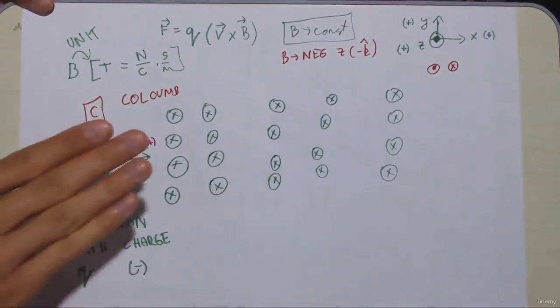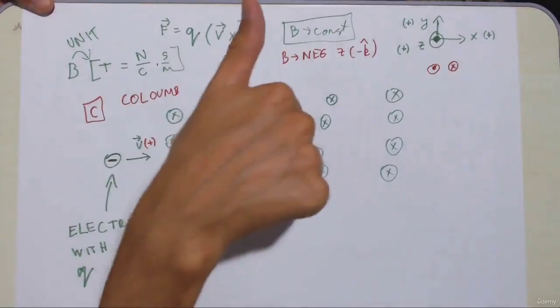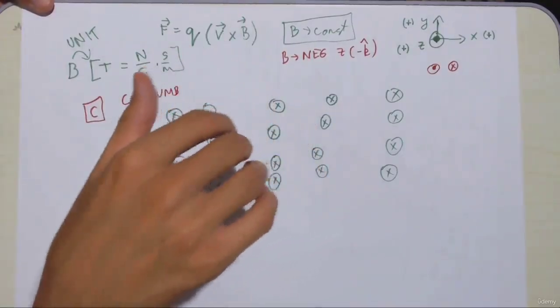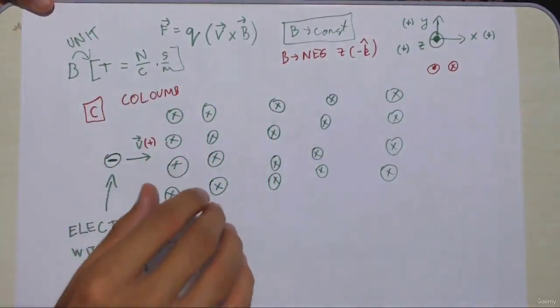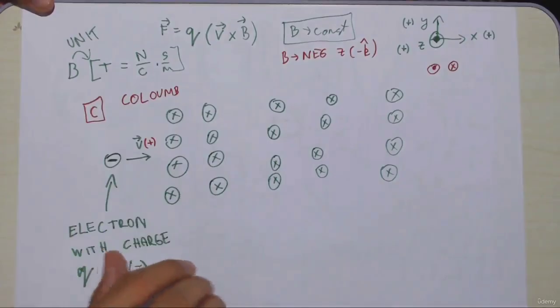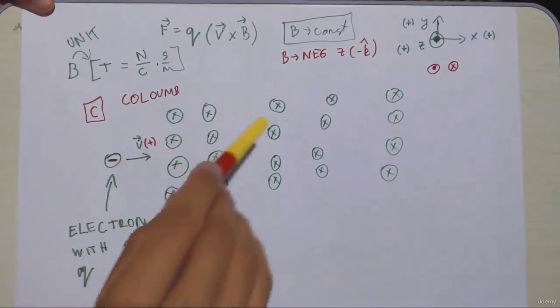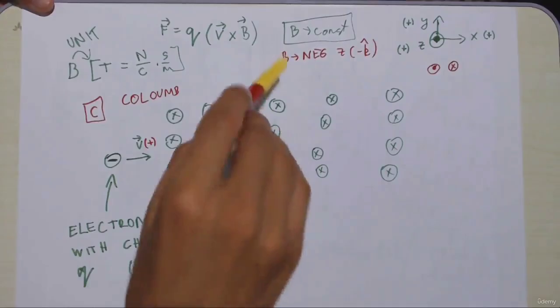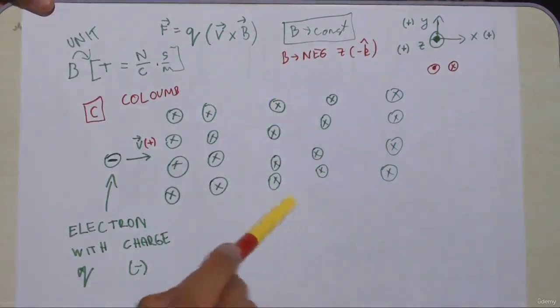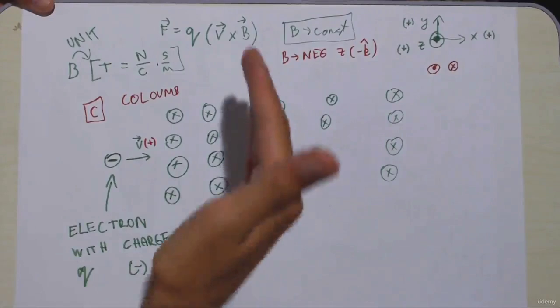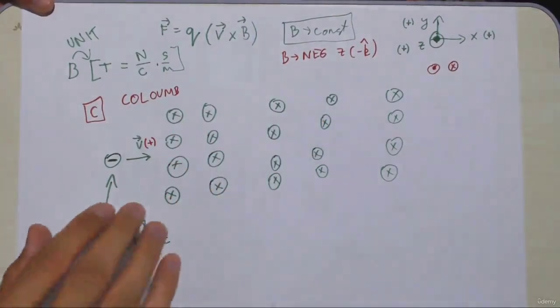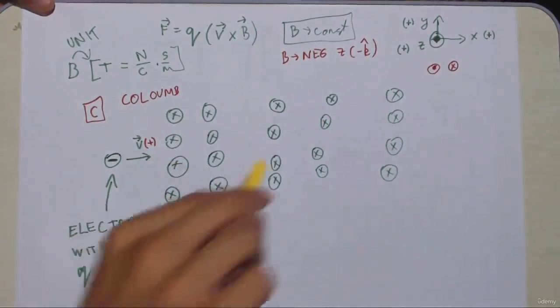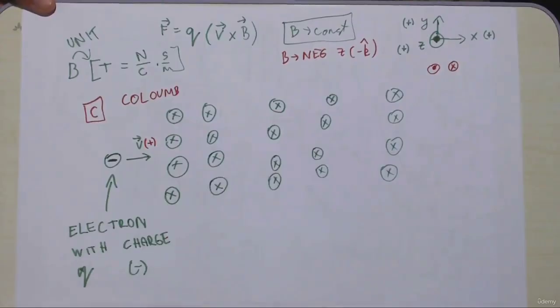So the cross product gives me this direction, but since I have a negative scalar, then the force will be in the opposite direction. So the force will not be up, it will be down. Because even though the cross product tells me that I should go that way, since I have a negative charge, I will go that way. I will go down.